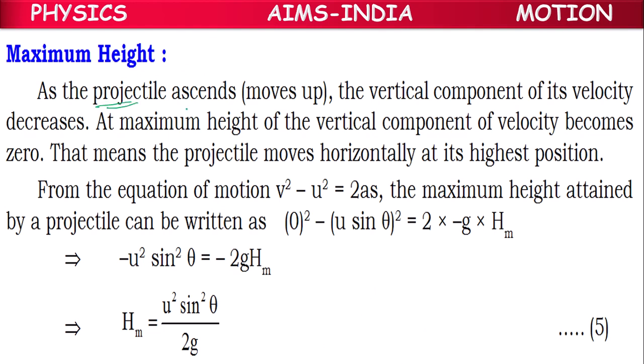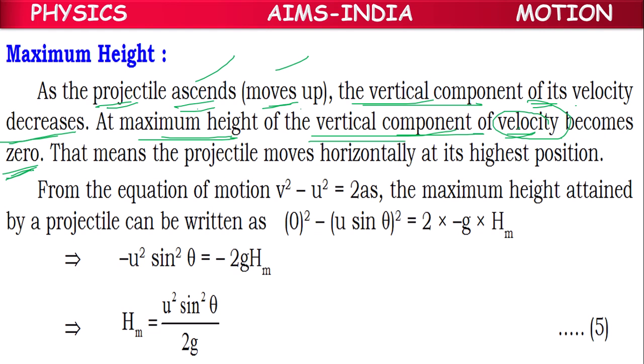As the projectile ascends, means moving up, the vertical component of velocity decreases continuously, and at maximum height the vertical component of velocity will become 0.